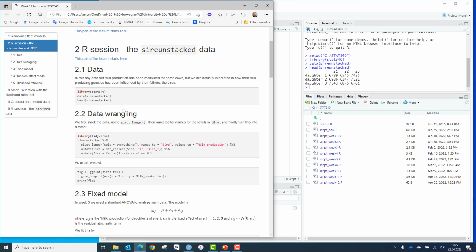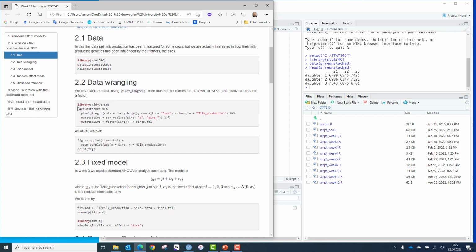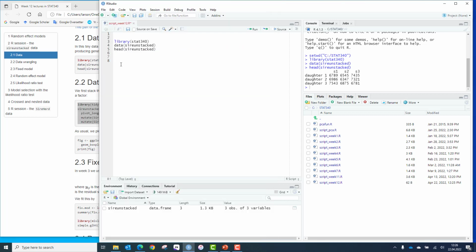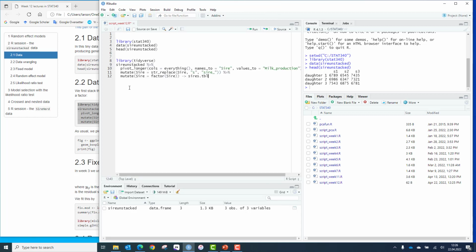So the first thing I would do now is to turn this into a tidy data set, and that's how things should be stored in order to analyze data in R, or actually in any software, I would say. So how should we store the data? We should store this as 2 columns. One column indicating which sire, and that should be a factor with 3 levels, sire 1, 2, and 3.